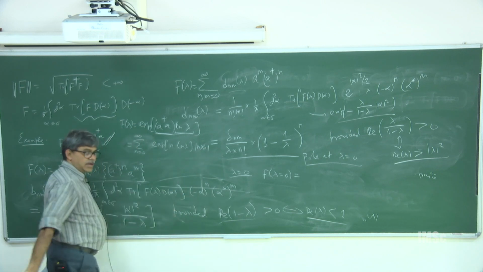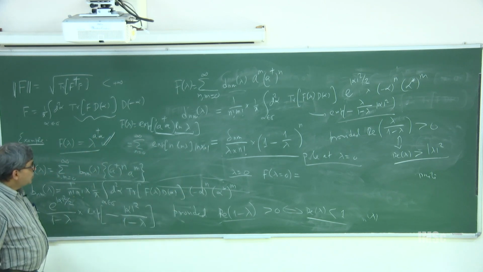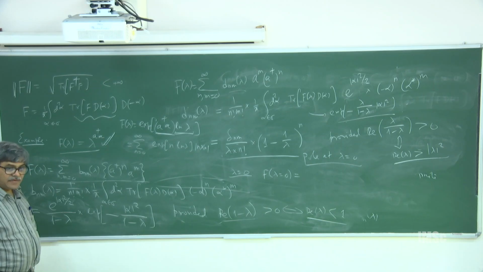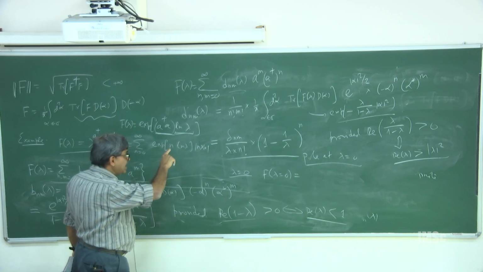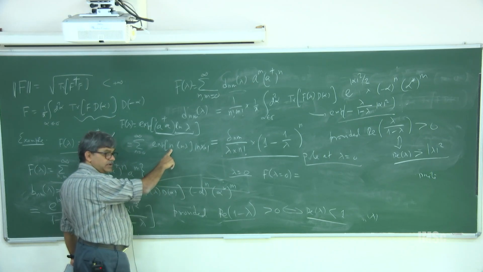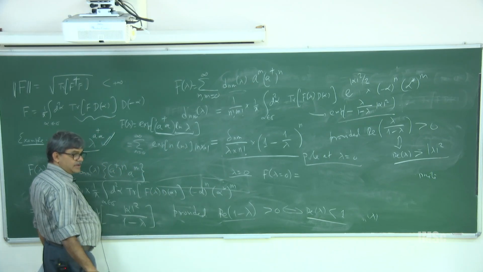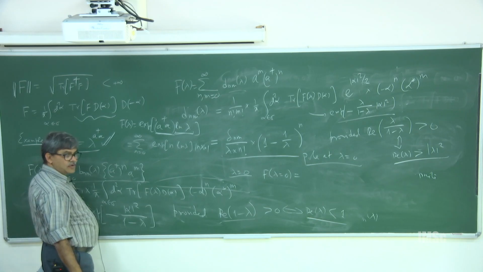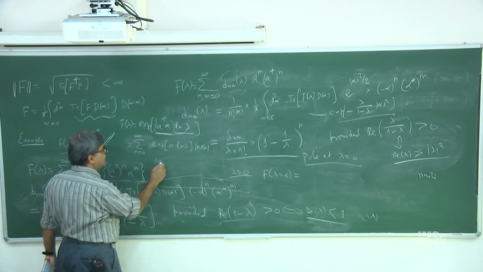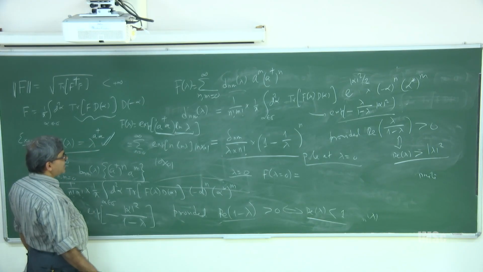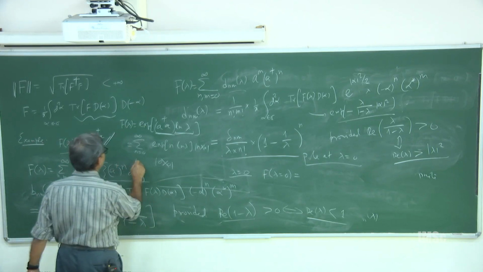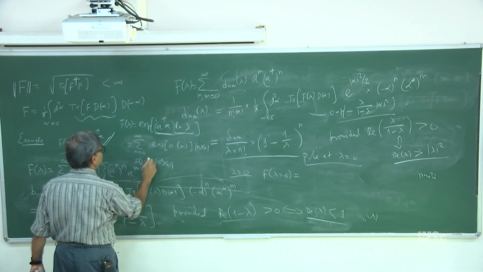These are the eigenvectors, right? When I take lambda equal to 0, of course this is infinity and this will go away, provided n is not equal to 0. But when n is 0, then of course you will have these terms. As a result, this is your f of lambda equal to 0.